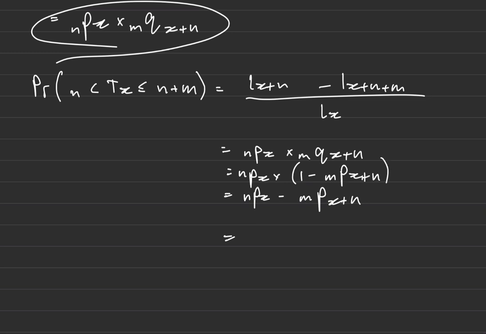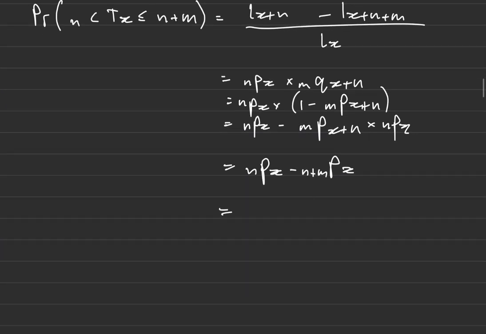Then when I distribute this npx, I get npx minus mpx plus n times npx, which equals npx minus the probability that a life now aged x survives n years and then survives m years, which is just surviving n plus m years. This is also equal to, another way to write it, n plus m qx minus nqx.